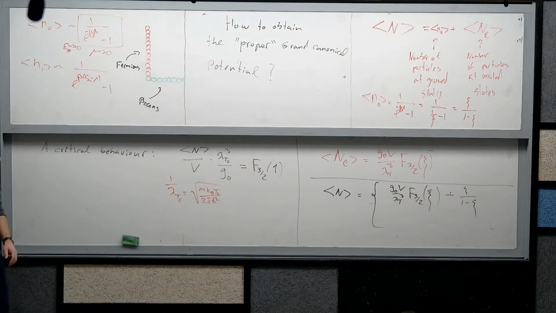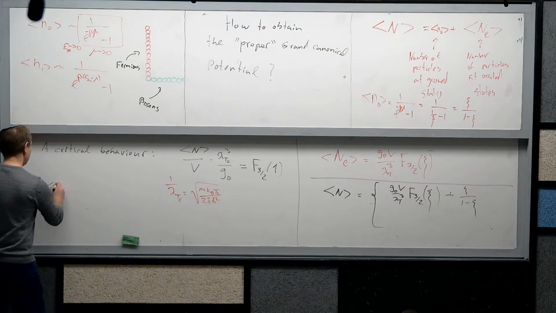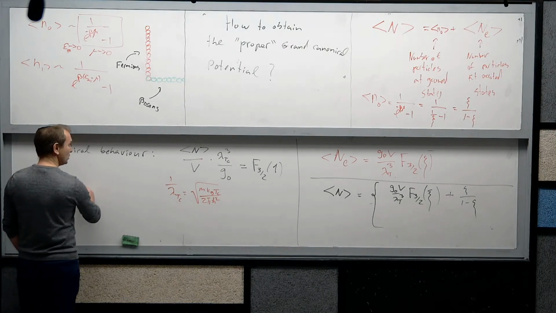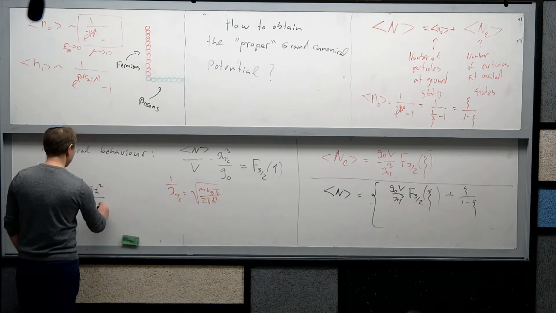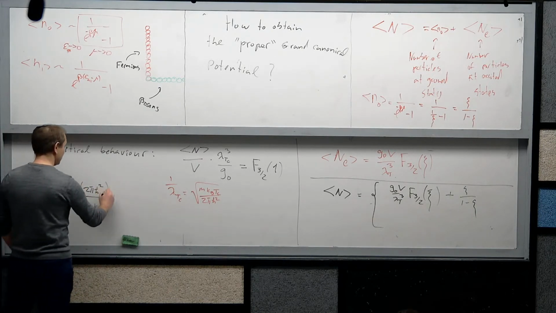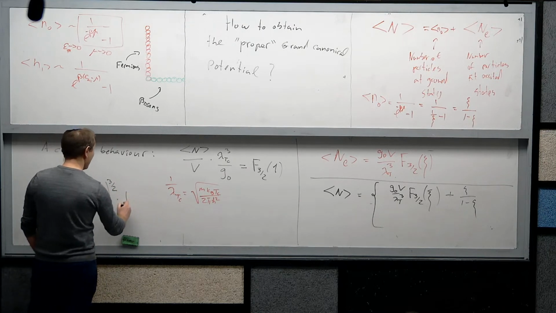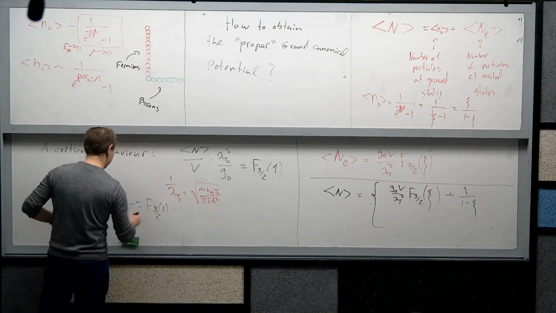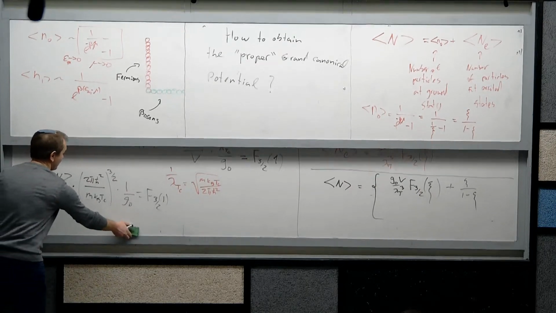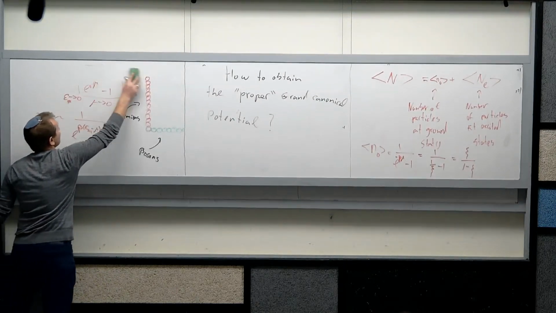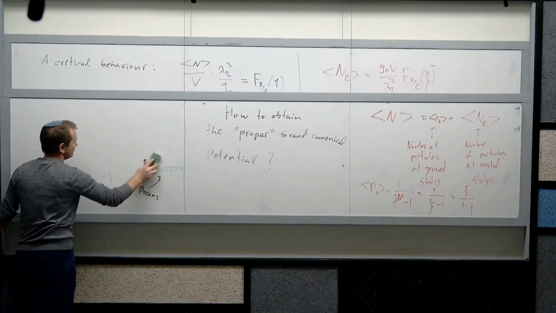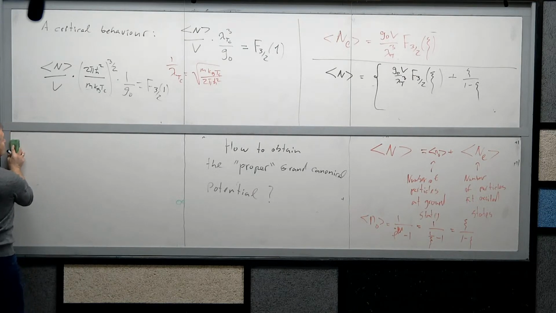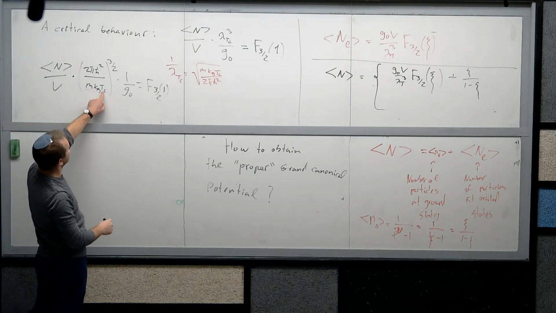And the problematic point becomes that we have n divided by v multiplied by 2 pi h bar divided by m k Boltzmann Tc, all of this to the power 3/2, multiplied by 1 over g0, equals f 3/2 of 1. So let's take the critical temperature out of this expression.